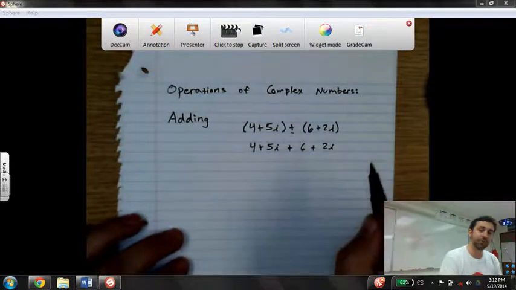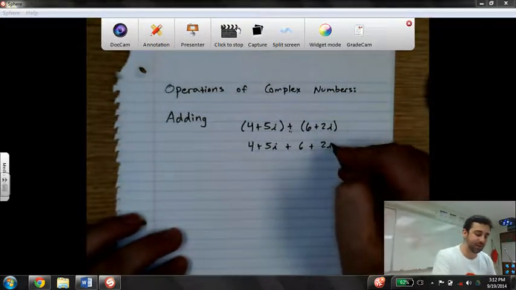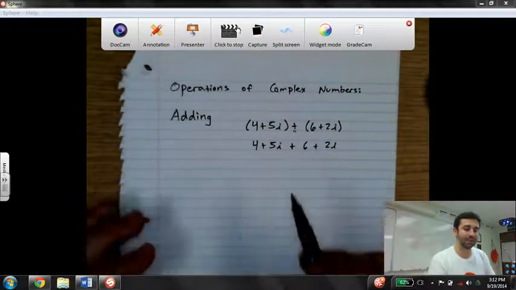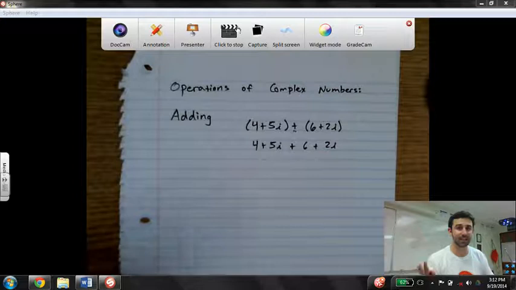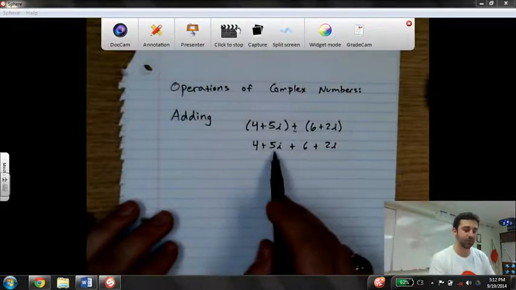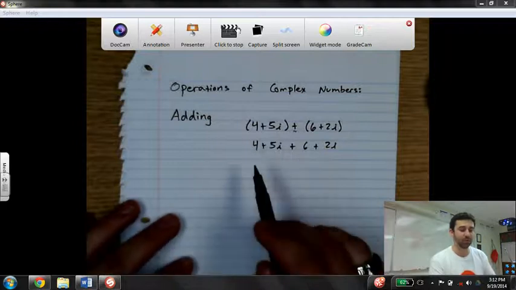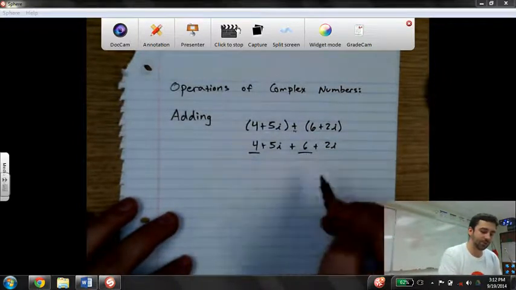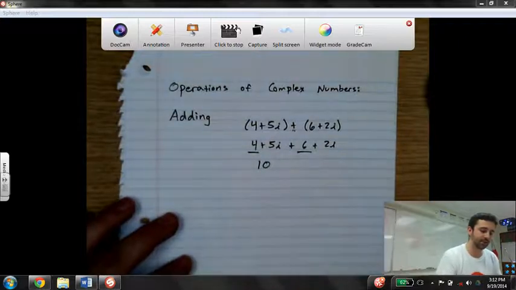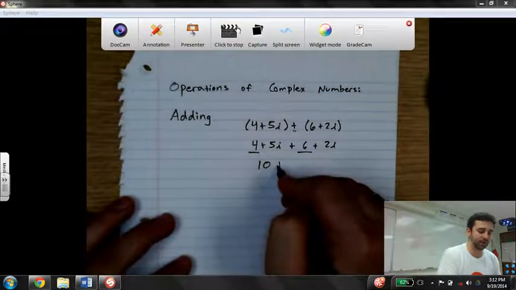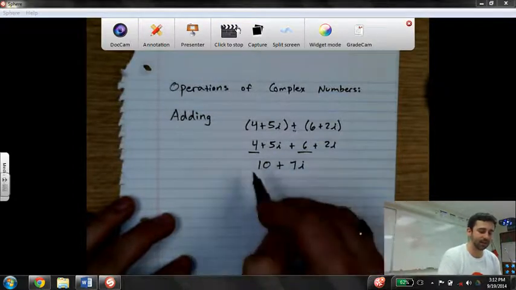And although i is not a variable, by definition it is a number, we can still combine the imaginary part of the numbers with the imaginary part, and the real part with the real part. And so I would take 4 and 6, add together to give me 10, and then 5i and 2i to add together to give me 7i.